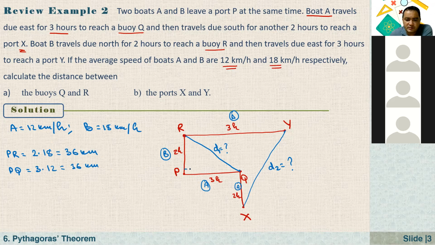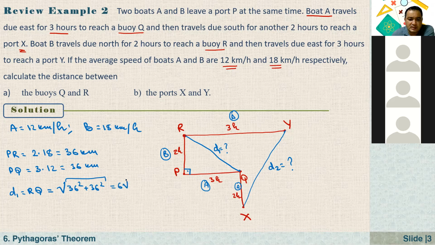So as you see here, it forms a right angle triangle. Now from here, RQ, that's D1. So D1 is equal to RQ, that's equal to the square root of 36 squared plus 36 squared. Now here we have 2 times 36 squared.